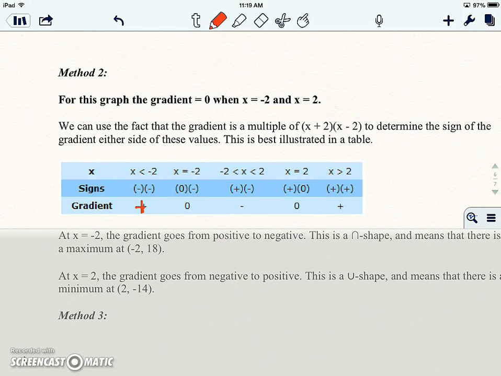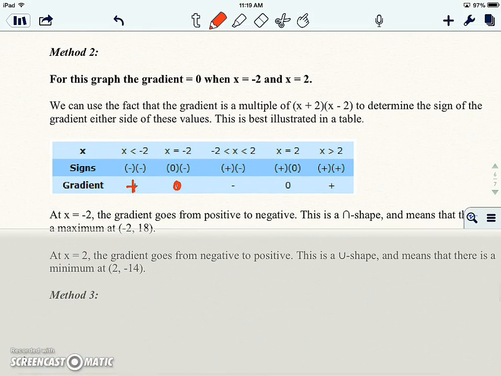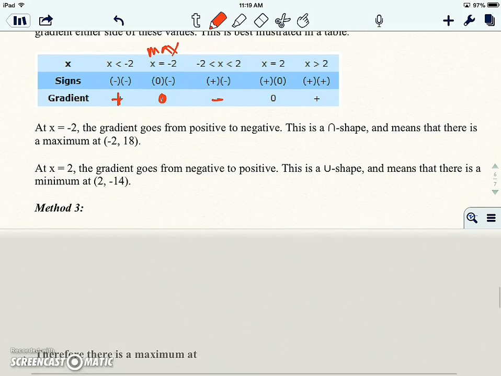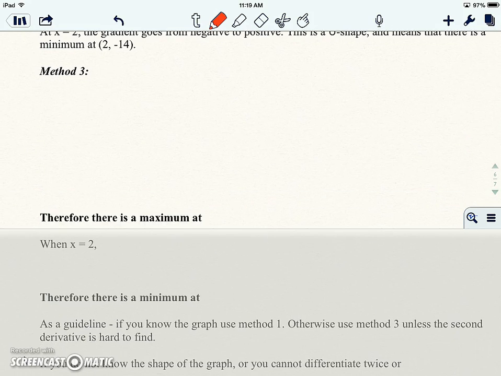In our example, we got 15. We know at negative 2 it would be 0. And to the right, when we plugged it in, we would get negative 9. It'd be negative, which makes this a max. We could do the same thing on the other side, and we could get a min.